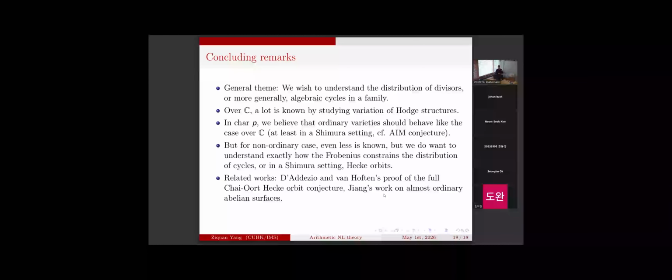If you have an almost ordinary abelian surface whose global endomorphism ring is Z, then there are infinitely many points where your specialization is isogenous to a product of elliptic curves. This can also be phrased as intersecting a curve in an orthogonal Shimura variety with a Hecke translate of some particular special divisor.